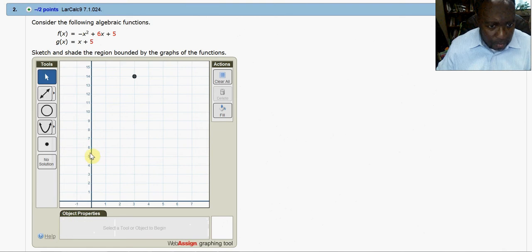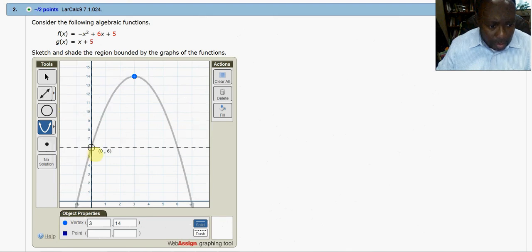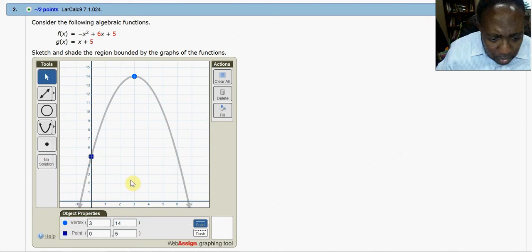So I think I lost my graph. So that was 1. And then we're at 0, 5. And that looks right in terms of that intercept being close to 7 and then close to -1.